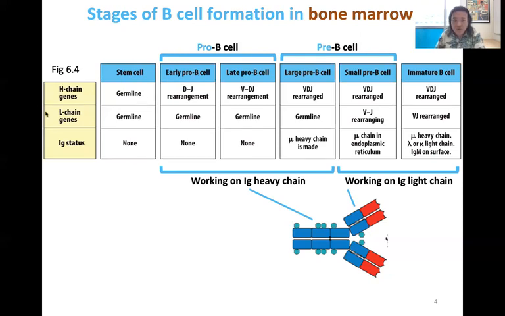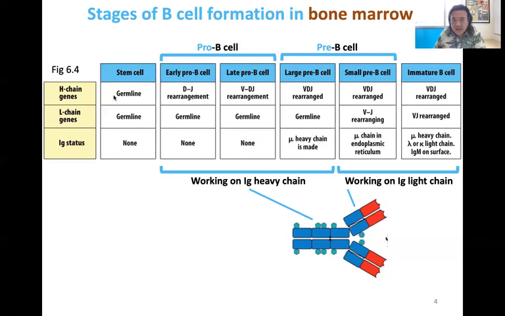And then the rows going across here are helping to remind you what the status is of the genes in the IG locus on chromosomes 2, 22, and 14 that are coding for things like the heavy chain genes or the light chain genes, and whether or not you actually have any immunoglobulin yet, right? So immunoglobulin status. So when you start off with a stem cell in your bone marrow, right?